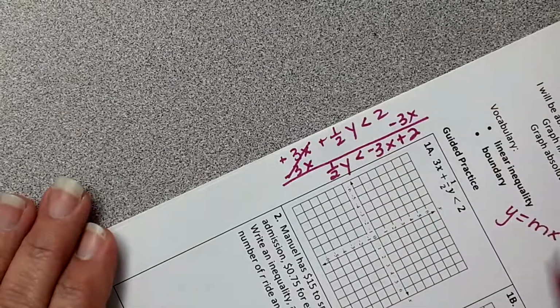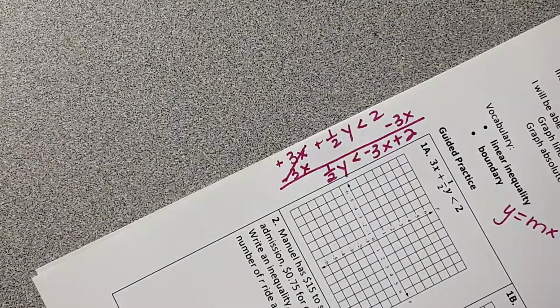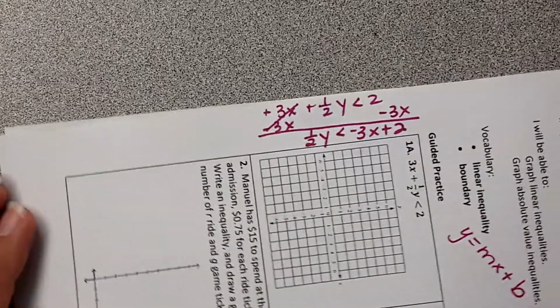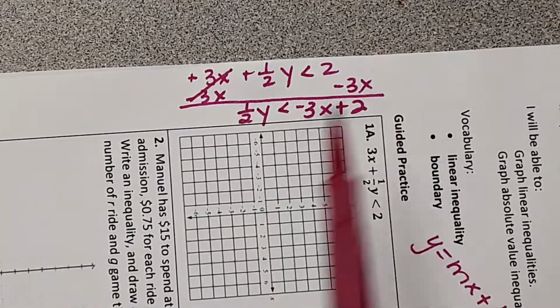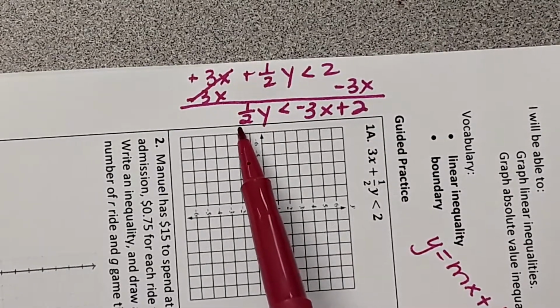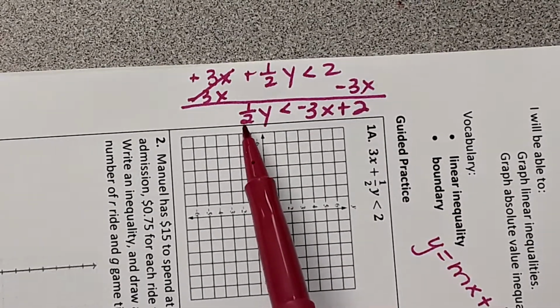So I move the 3x, you guys, and then I put it in front of the 2. If you're in slope-intercept form, you should always put the x first. Now, how am I going to get rid of the 2? What am I going to do?